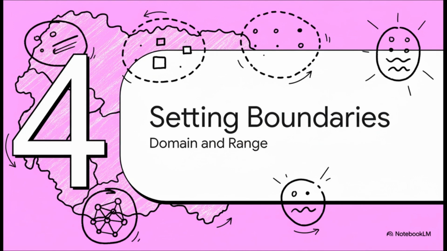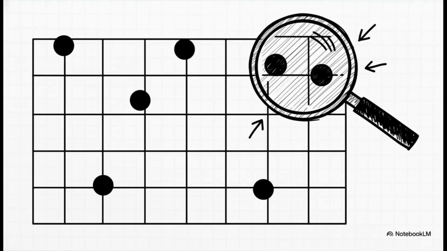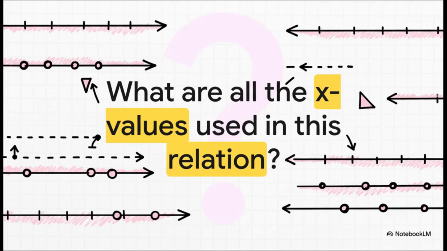Okay, but with any relation, we usually want to know its limits. Where does it exist on our map? What are its boundaries? We need a way to talk about that precisely. So let's use this little graph right here as our example. We've got just 5 points plotted. For right now, this set of 5 pairs is our entire relation. So let's take a closer look at their addresses. First up, just focus on the horizontal part. Forget about up and down for a minute.